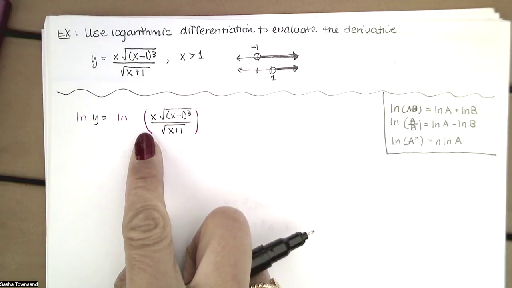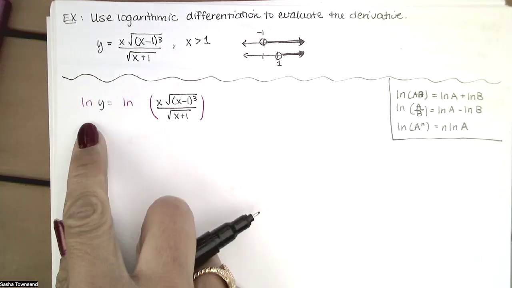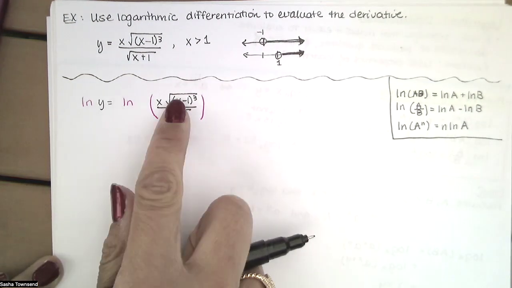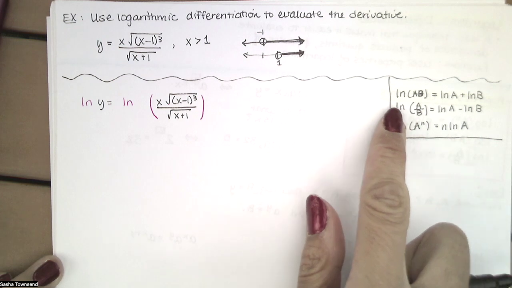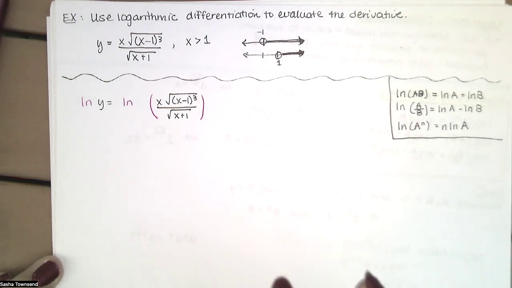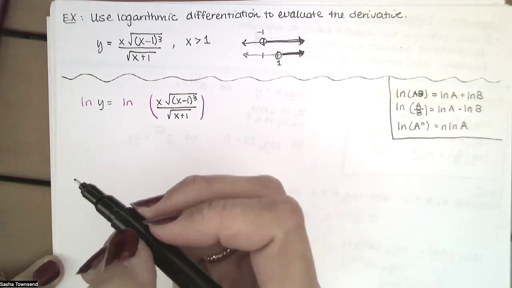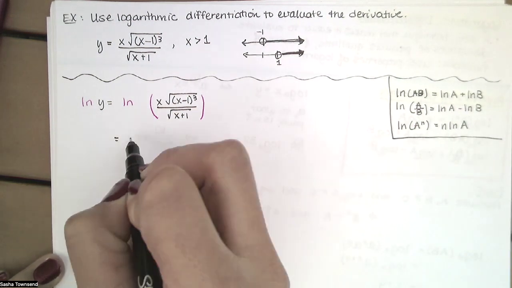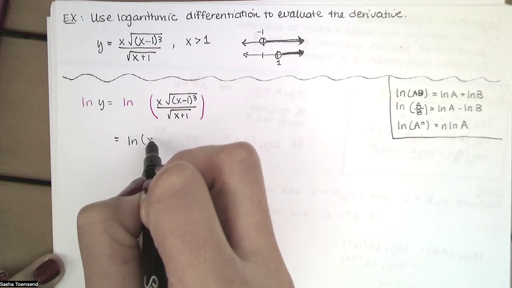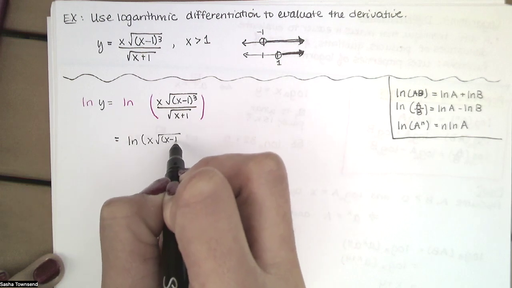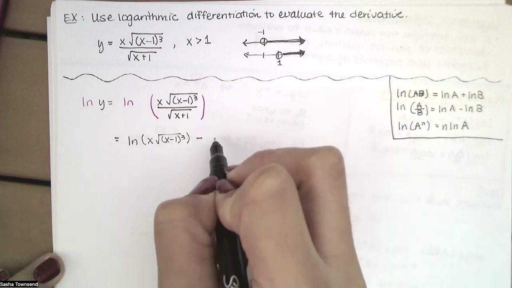All right, so on the right-hand side, I see I've got the log of a quotient. It's almost like you just sort of stand back and squint and you say, what does that look like? It looks like a fraction. So we're going to use this quotient one first. The log of a quotient is log of the numerator minus log of the denominator.